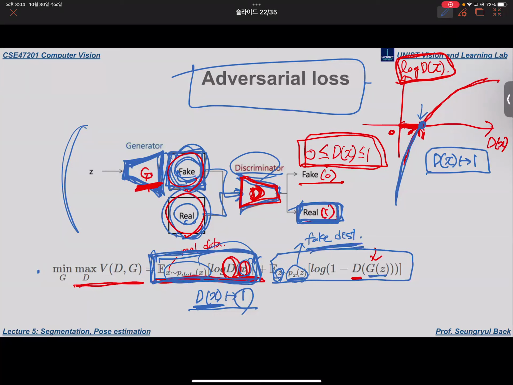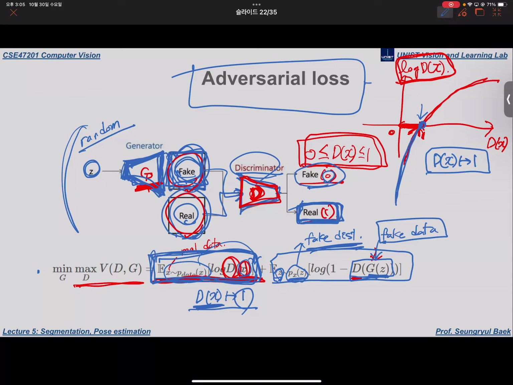Z is some random noise actually, so from the random noise, the generator will generate some fake data. That is denoted like this: G of Z itself is denoting the fake data. And when fake data is inputted to D, then D has to say it is 0.